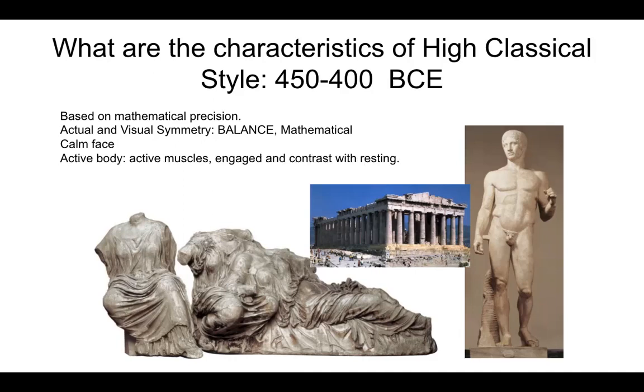The active body, engaged muscles. You can see which muscles are flexed and which ones are relaxed. The introduction of contrapposto, right? We didn't have that in archaic. And so we have two archaic sculptures, right? We have the kore and the kouros, right?